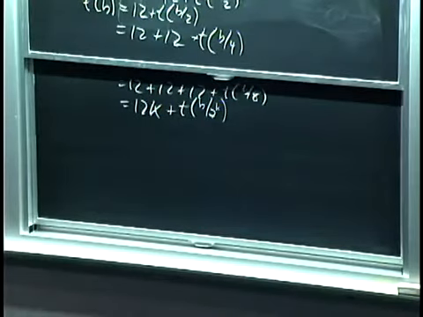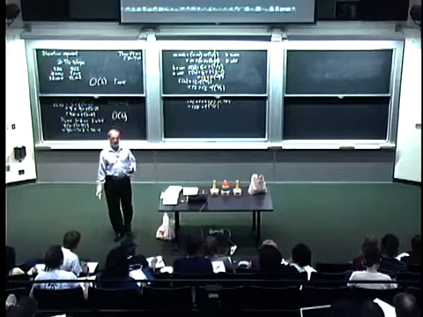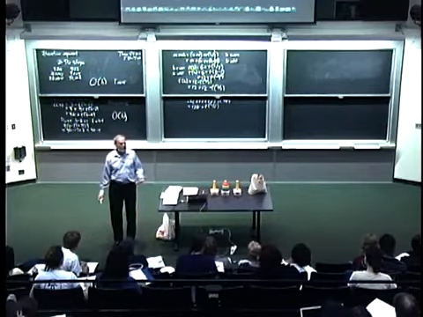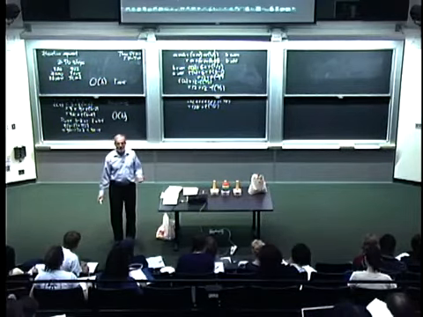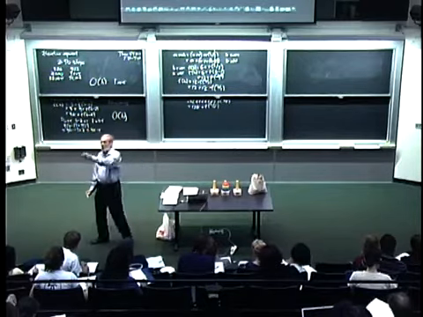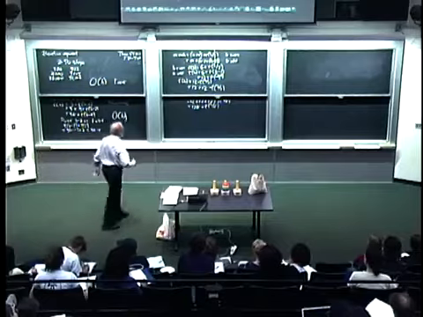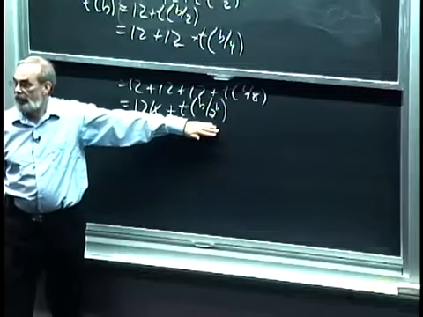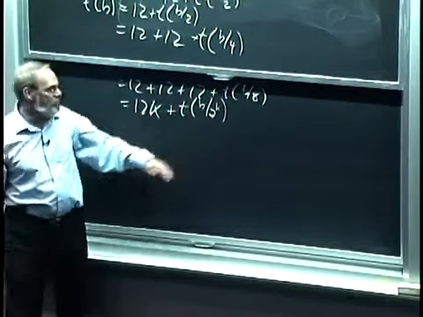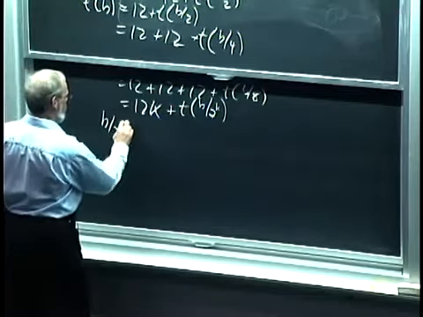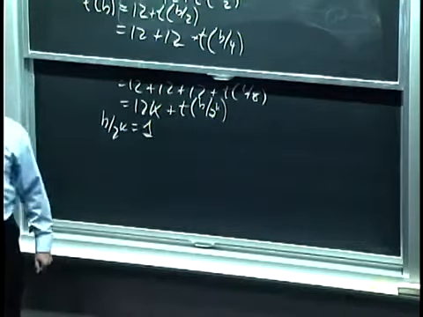When am I done? When do I get down to the base case? Somebody help me out. What am I looking for? Yeah, you're jumping slightly ahead of me, but basically I'm done when this is equal to 1, right? Because I get down to the base case. So I'm done when B over 2 to the K is equal to 1, and you're absolutely right.